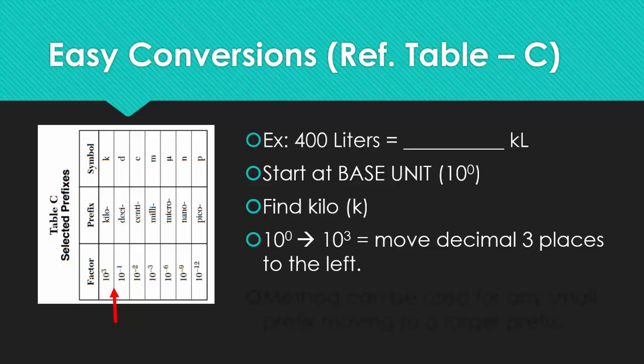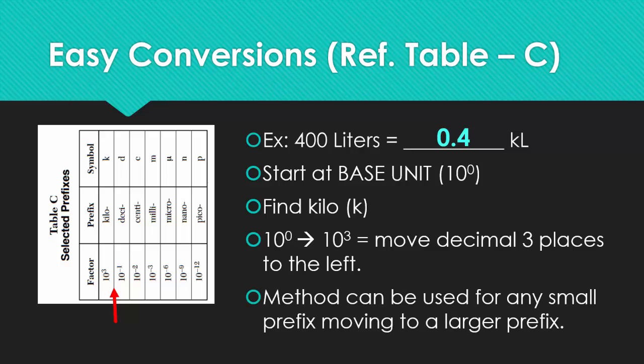You move the decimal 3 places because you went from 0 to 3. And you're also noticing when you turn the table on the side, you're physically moving it to the left. So that's why you're going to take that decimal at the end of the 400 and move it 3 places to the left. This method can be used for any small prefix moving to a larger prefix and vice versa.